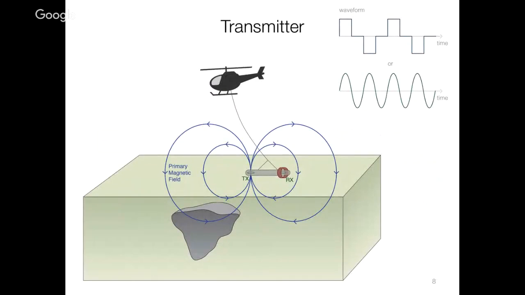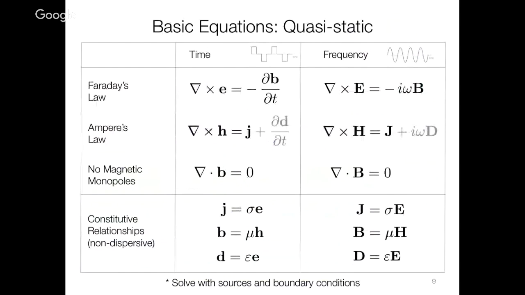So let's look at a couple of things associated with it. First of all, there's the transmitter. A square wave pulse like that, or it could be something else. That's what's going to go out through here. We need to look at our equations again and try to decide, okay, what things are going to be important.